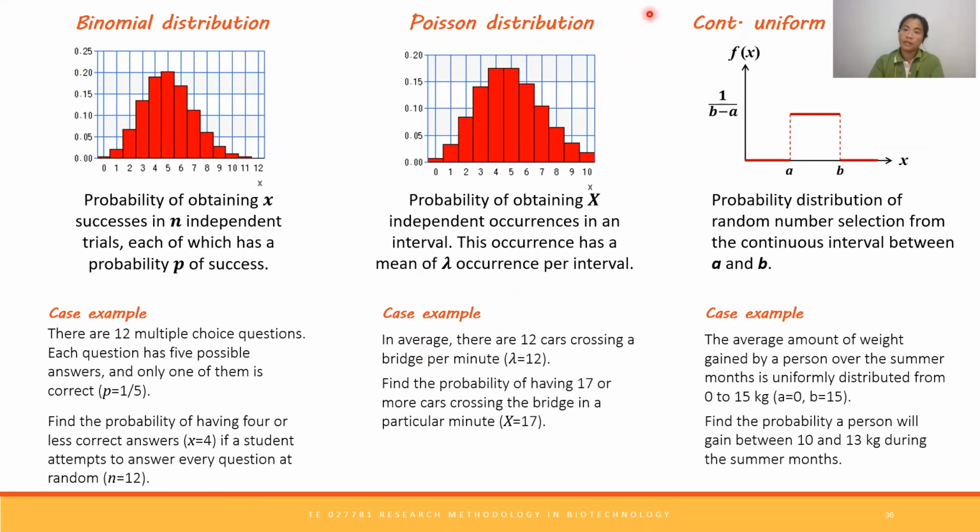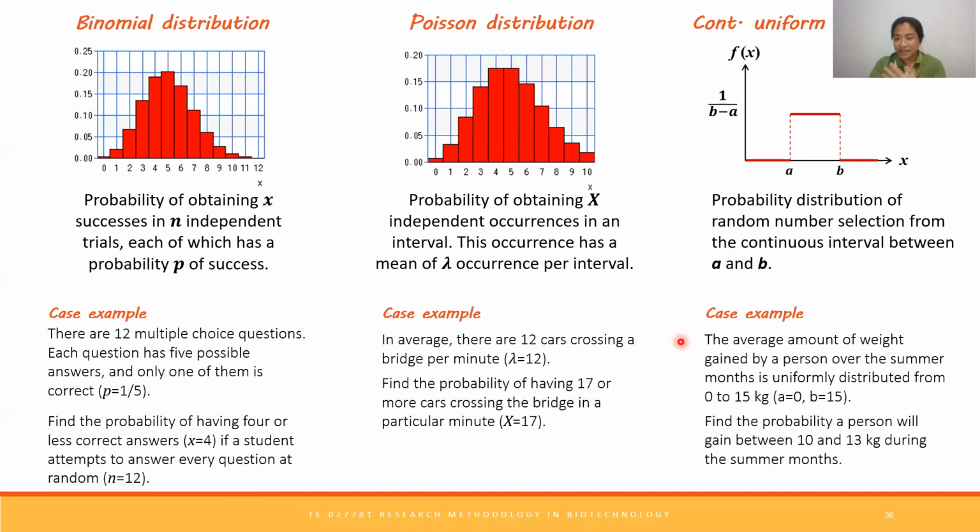Next one is the continuous uniform distribution. Continuous uniform distribution doesn't mean that it is a continuous distribution. It is like on and off here. You see the graph here, right? It is a probability distribution of random number selection from the continuous interval between A and B. And the example is this.